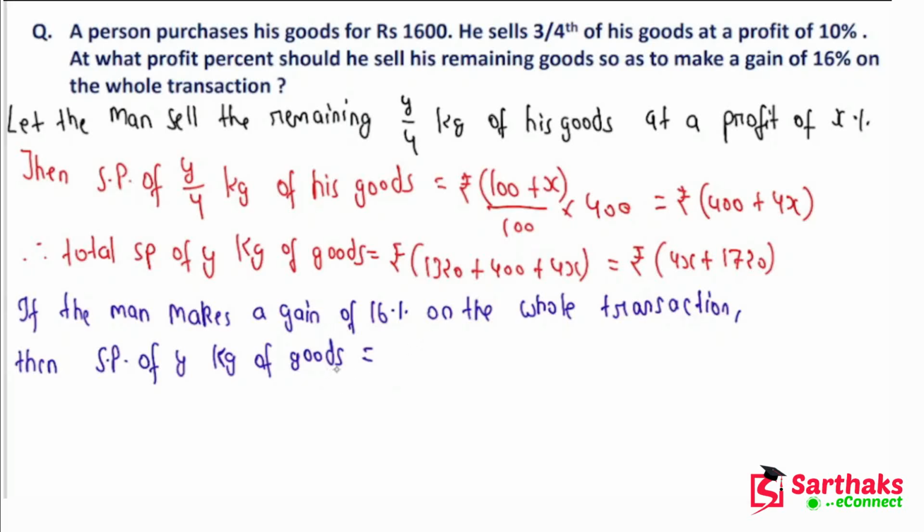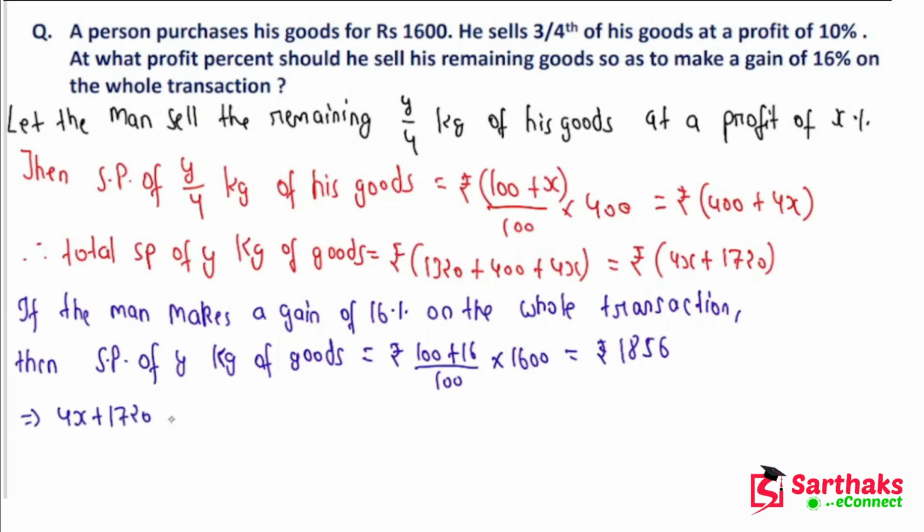The selling price of y kg of goods is rupees 100 plus the gain percent, that is 16 upon 100, into the cost price, that is 1600. Cancelling out the zeros, that would be 116 into 16, so after calculation you will get 1856 rupees. So according to the question, the selling price must be this, and according to us the selling price is 4x plus 1720.